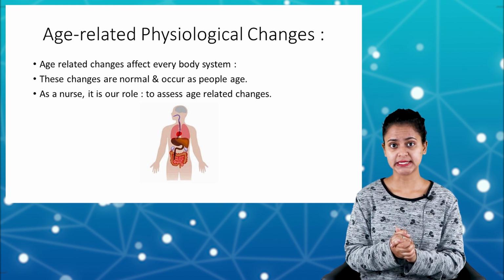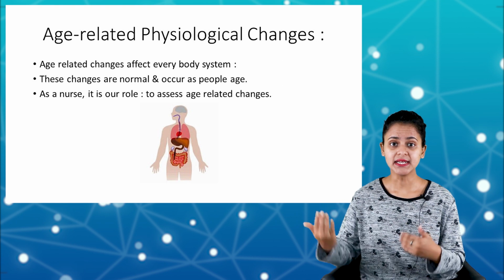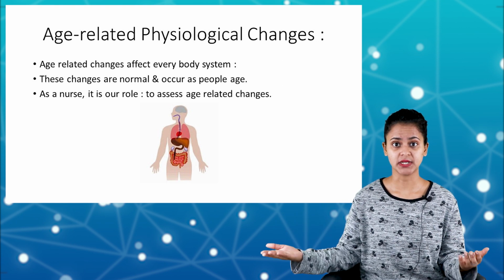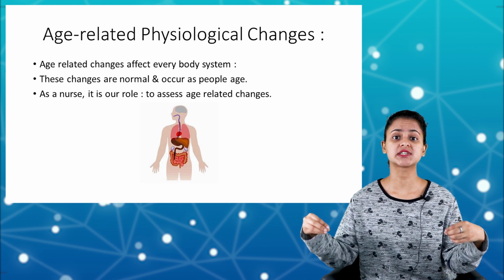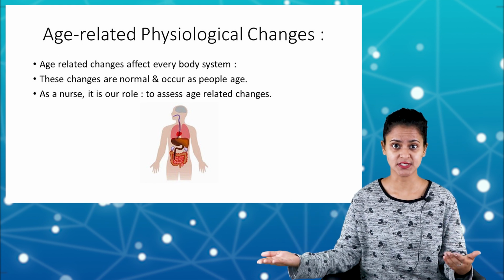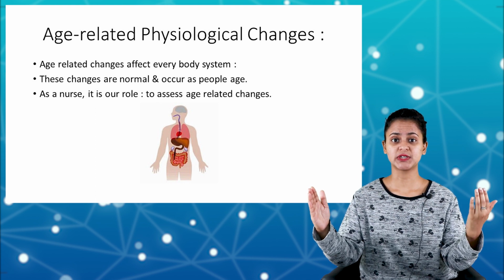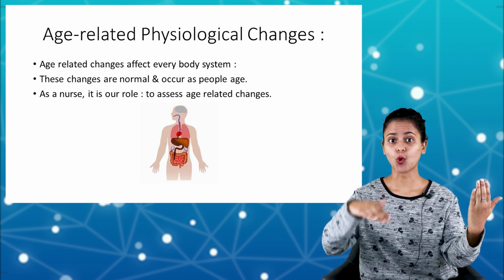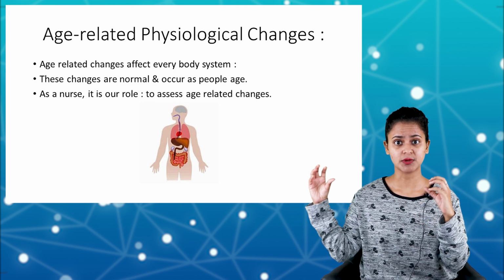Why it is important is because once you are in a clinical setup, while assessing old age people, if you have learned the normal physiological changes, you can simply differentiate between a pathological process and a physiological process that is occurring in an individual.